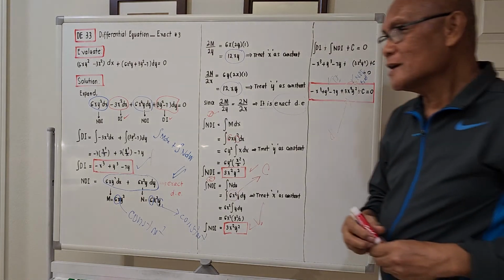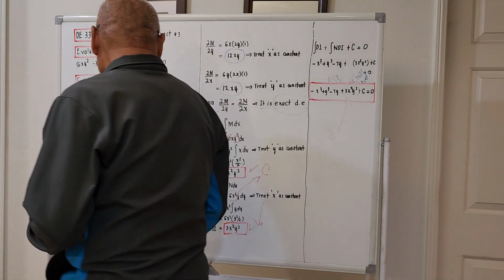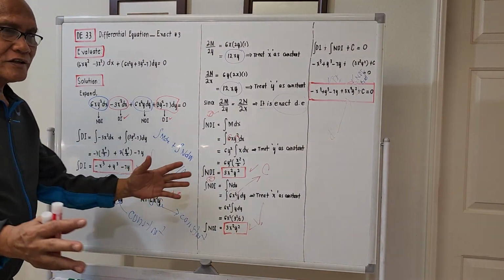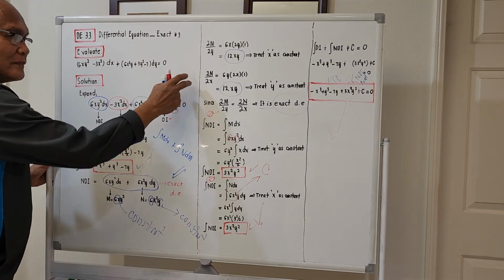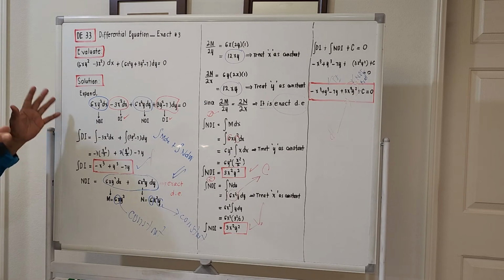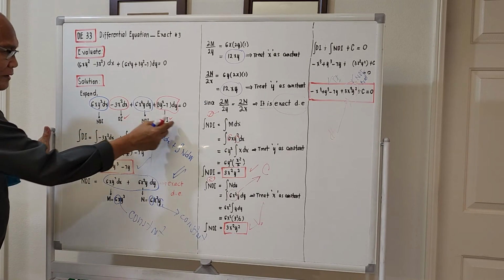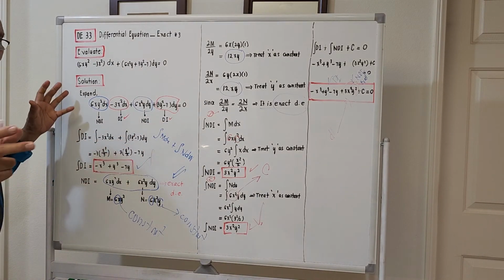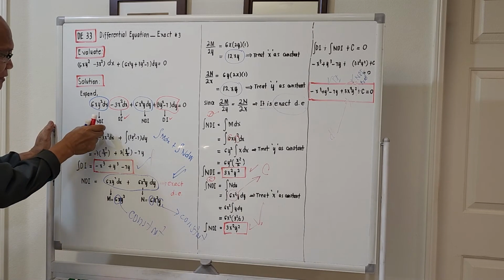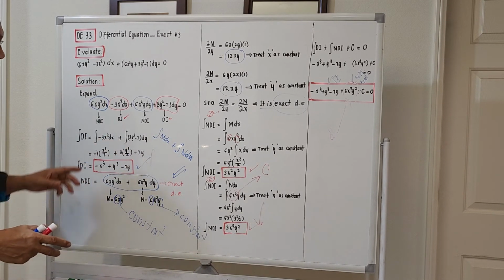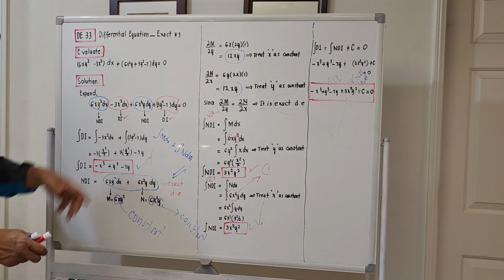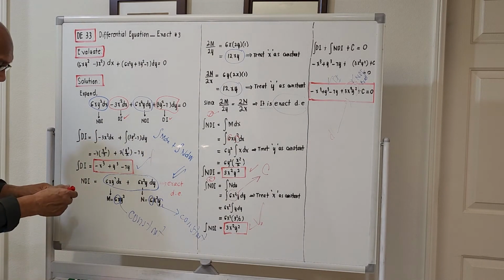That's how we attack the problem under exact differential equation. It's an easy one. You just expand. There will be terms that are directly integrable, and there are terms that are not directly integrable, and luckily those not directly integrable is actually an exact differential equation.